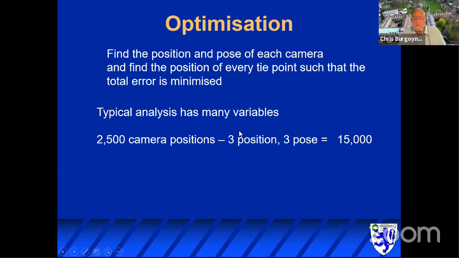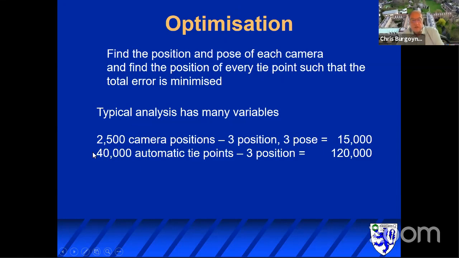Some of the models I'm going to show you have got 2,500 photographs in them. And each one of those has got 3 position uncertainties and 3 pose uncertainties. So there are 15,000 variables associated just with the camera positions.